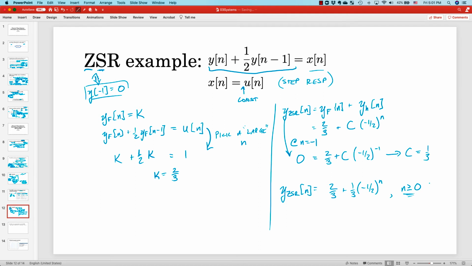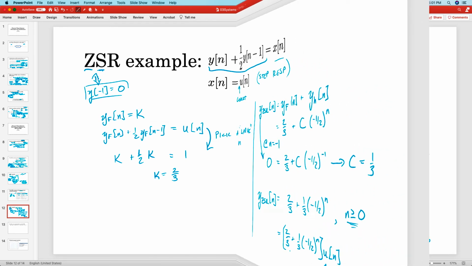And if you buy that argument, then I think a more helpful way, especially when we get to the next slide, will be to think of this function being multiplied by its own little unit step. Okay, so this has the effect of clipping at n at 0 and above only, multiplying the rest of what's in the brackets by 0 for negative times.